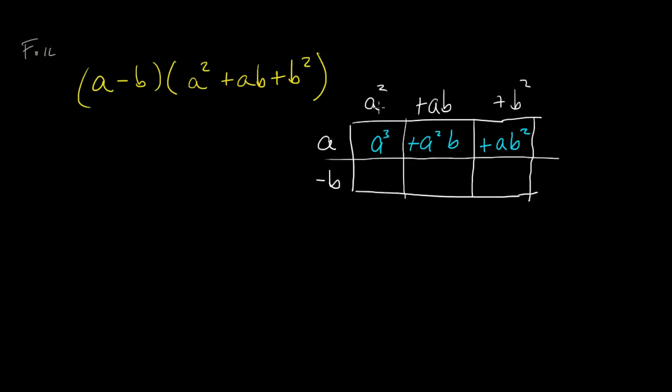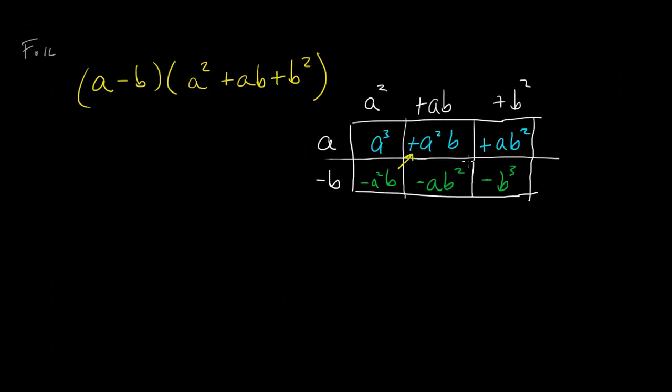Negative b times a squared is a negative a squared b. Negative b times a positive ab is a negative ab squared. And a negative b times a positive b squared is a negative times a positive is a negative b to the 3rd.